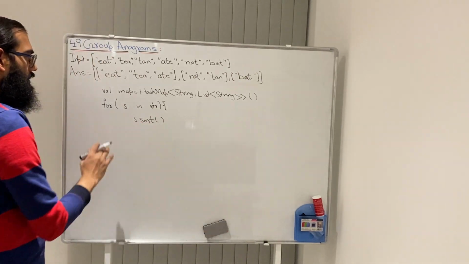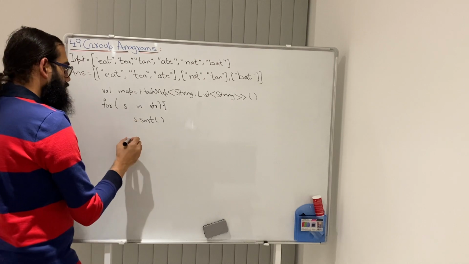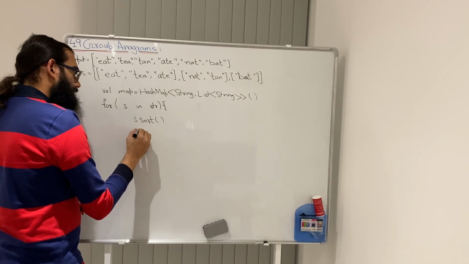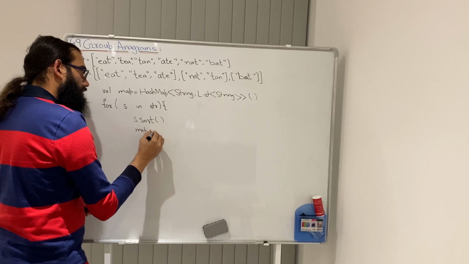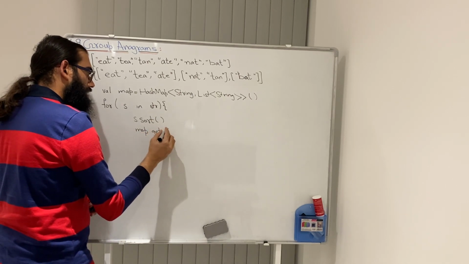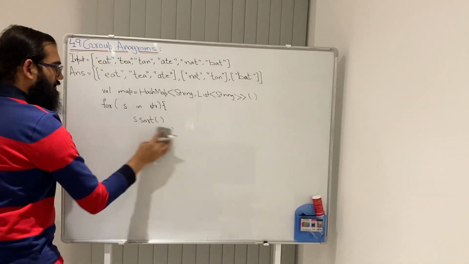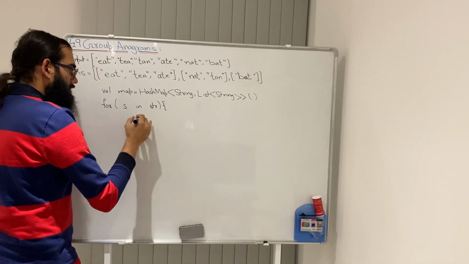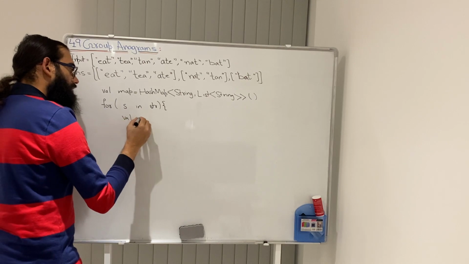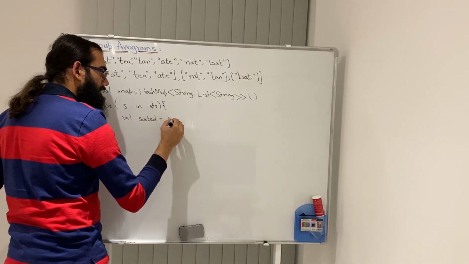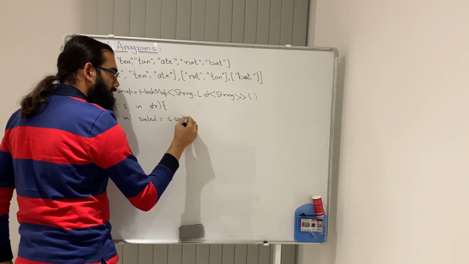So once this is sorted, what's next? I need to go inside and check the map dot get s. Or maybe I can change it, otherwise it's pretty difficult to read. So I'm saying value equals sorted s dot sort.